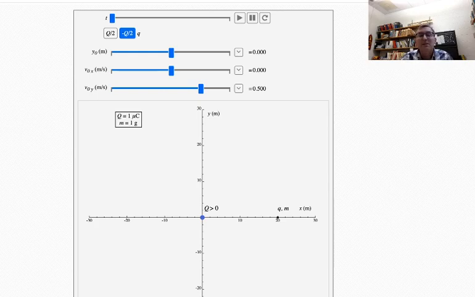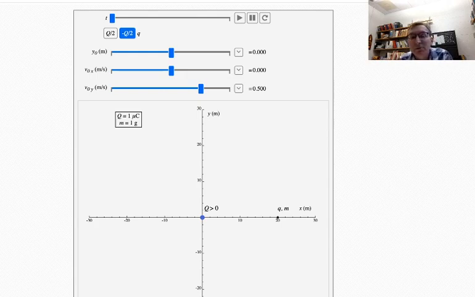It's got charge little q, and mass little m, where m happens to be 1 gram. And little q happens to be, based on the animation, negative big Q over 2. And now you also know the initial position of that particle.